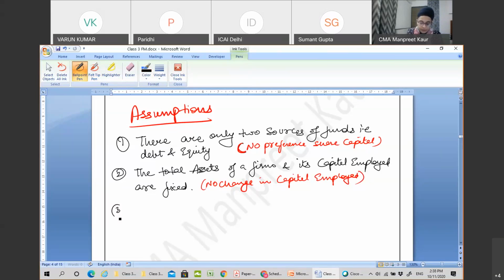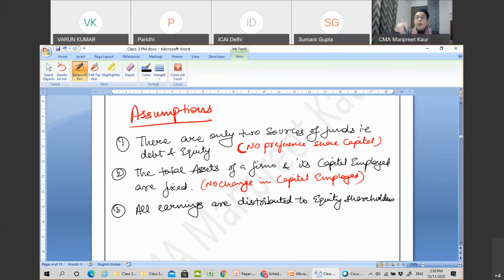Next is all earnings are distributed to equity shareholders. All earnings are distributed to the equity shareholders. It means there is no retained earnings.